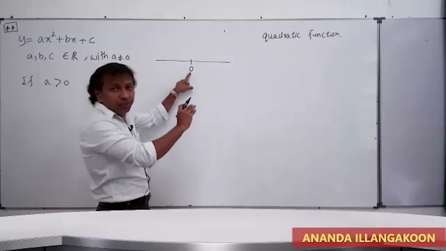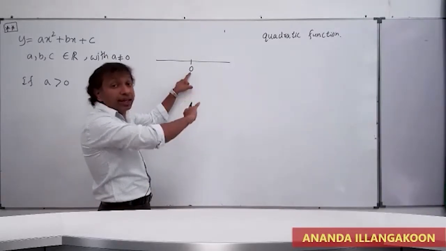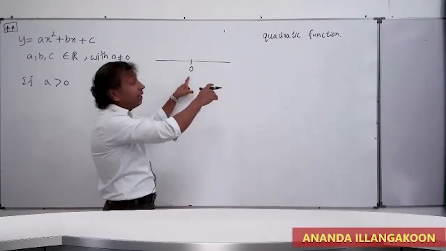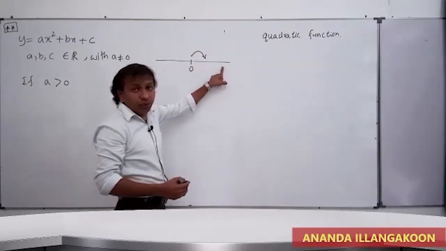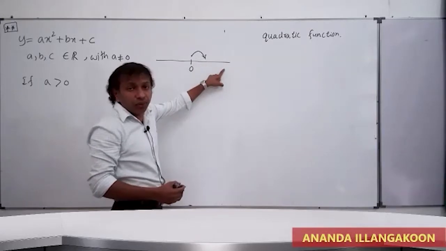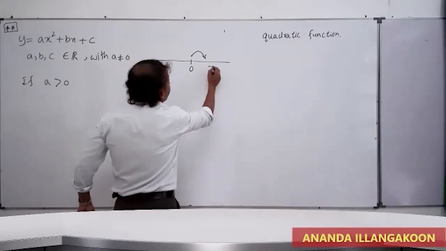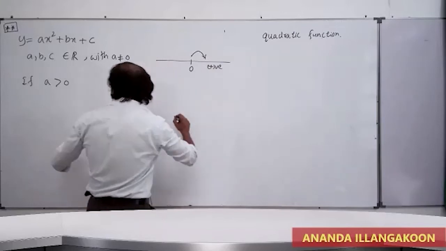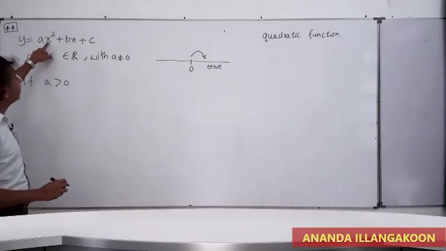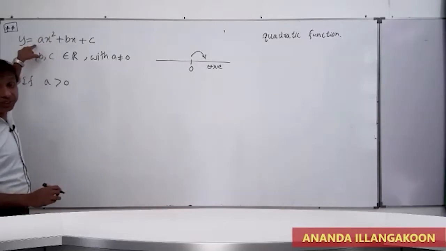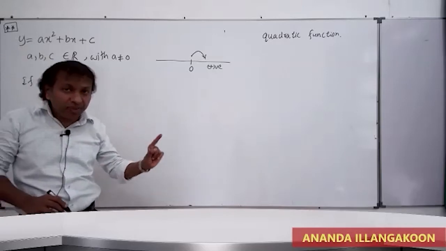The real numbers which are greater than 0 lie on the right hand side of this 0. On the right hand side of 0, all the real numbers are positive. Therefore, a greater than 0 means a is a positive value. A is what? The x squared coefficient. If this x squared coefficient is positive, the graph is a minimum graph.